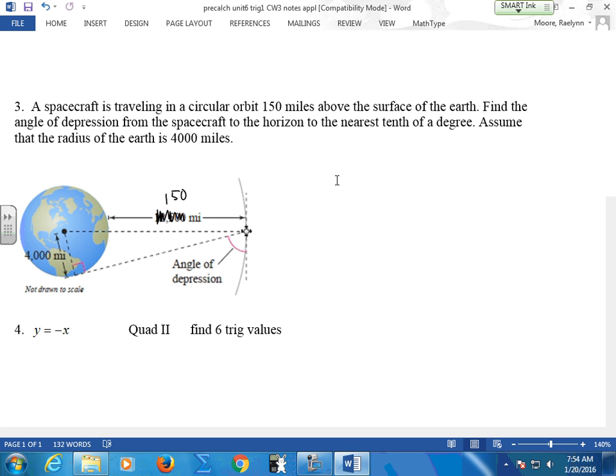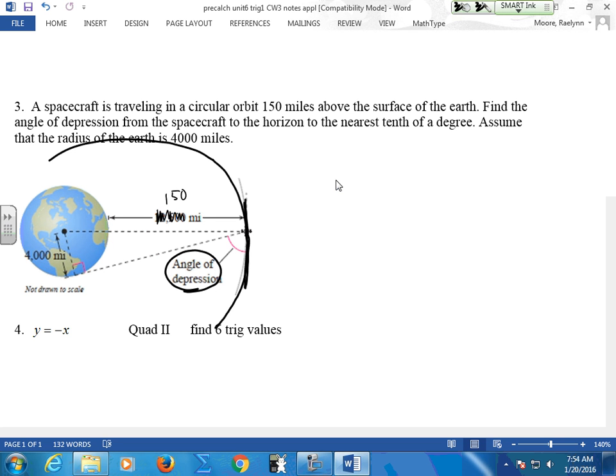Here it is, around the Earth. This is part of your circle that it's traveling around. Find the angle of depression from the spacecraft to the horizon to the nearest tenth of a degree. They want this guy right in here. Assume that the radius of the Earth is 4,000 miles.